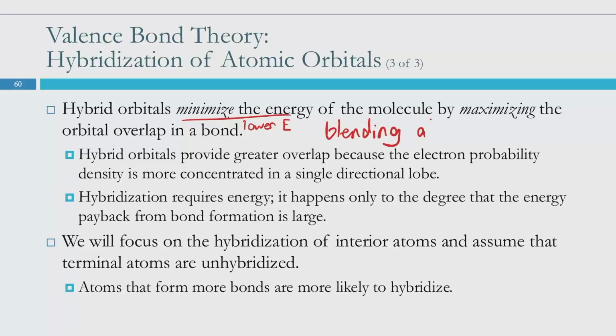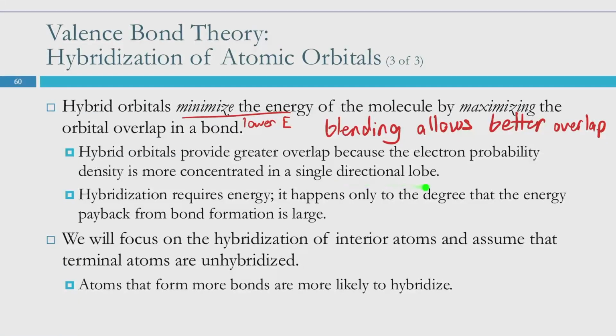So blending, hybridization allows better overlap of our orbitals. We're slightly changing the shape, we're modifying the shape so that it fits the situation. And this often results in having directional lobes.